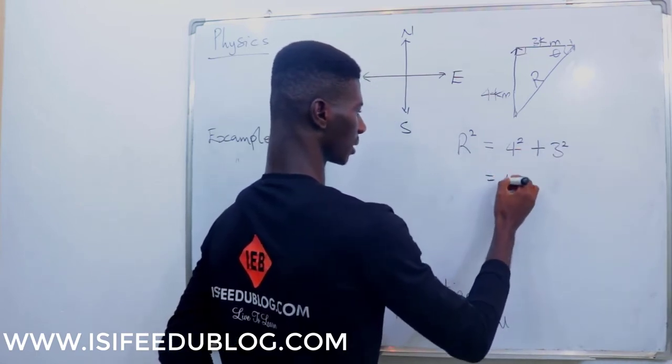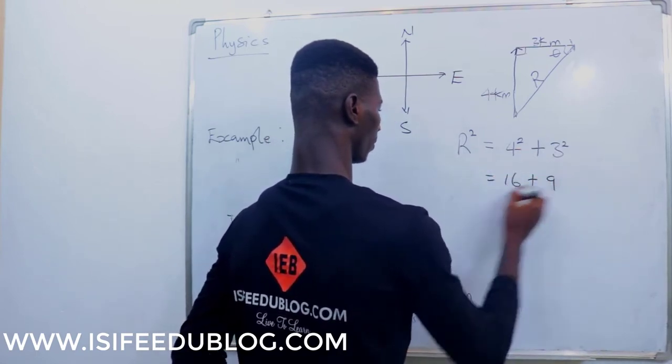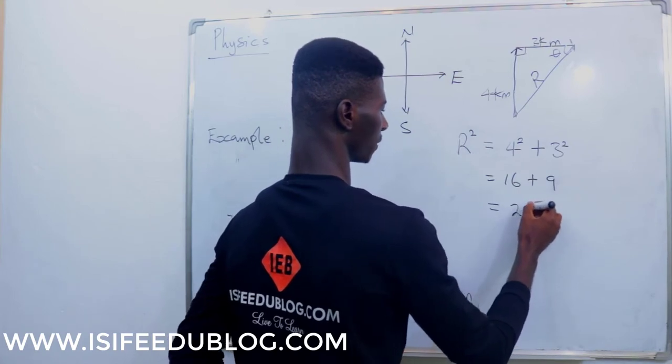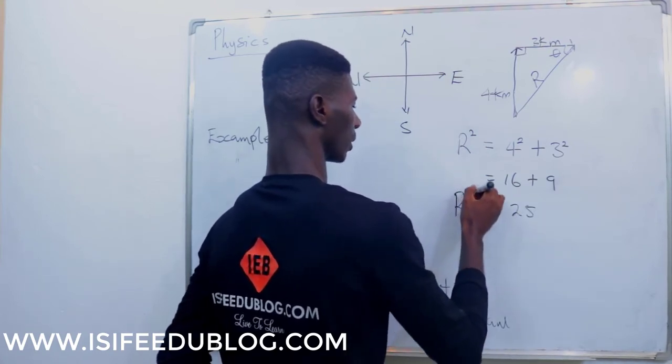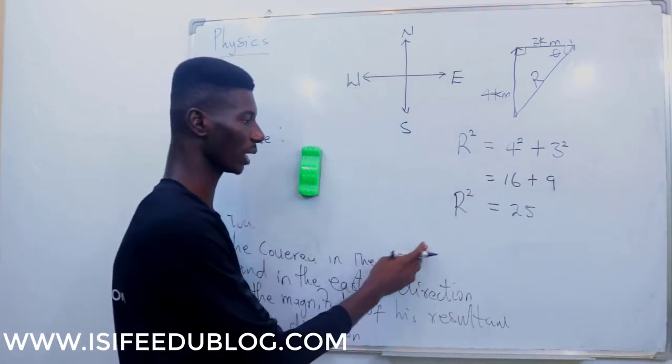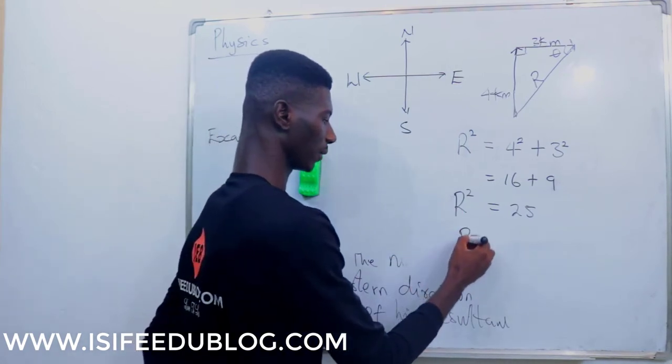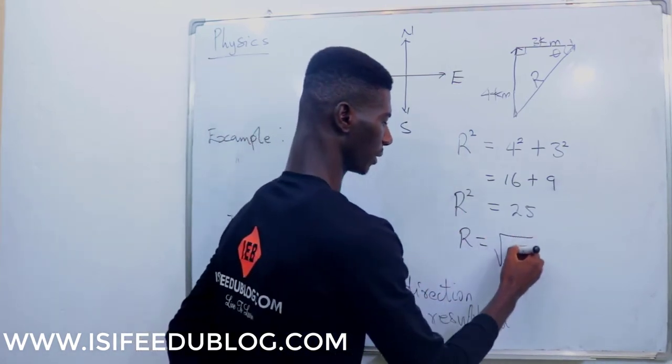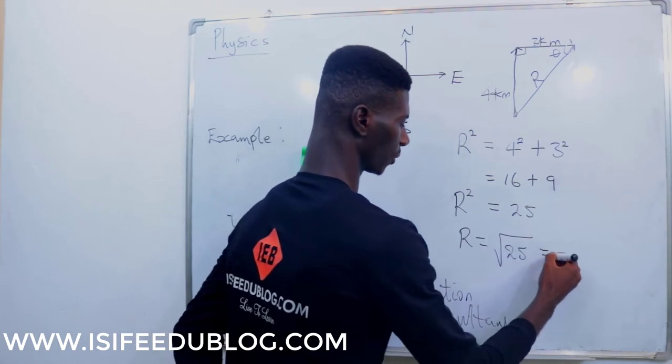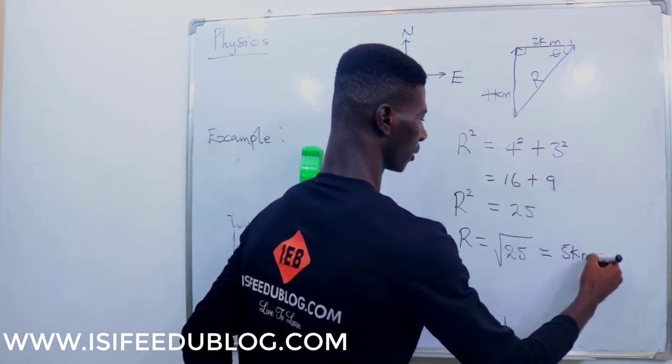So this gives us 16 plus 9, and 16 plus 9 is 25. That is our r squared. But we are not looking for r squared, we are looking for r. Therefore, r is simply the positive square root of 25, which is 5 kilometers.